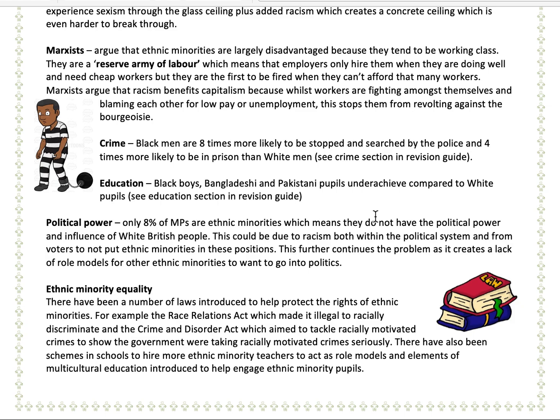And you can refer to things like ethnocentric curriculum, majority of teachers being white, teacher labelling, language barriers, etc.